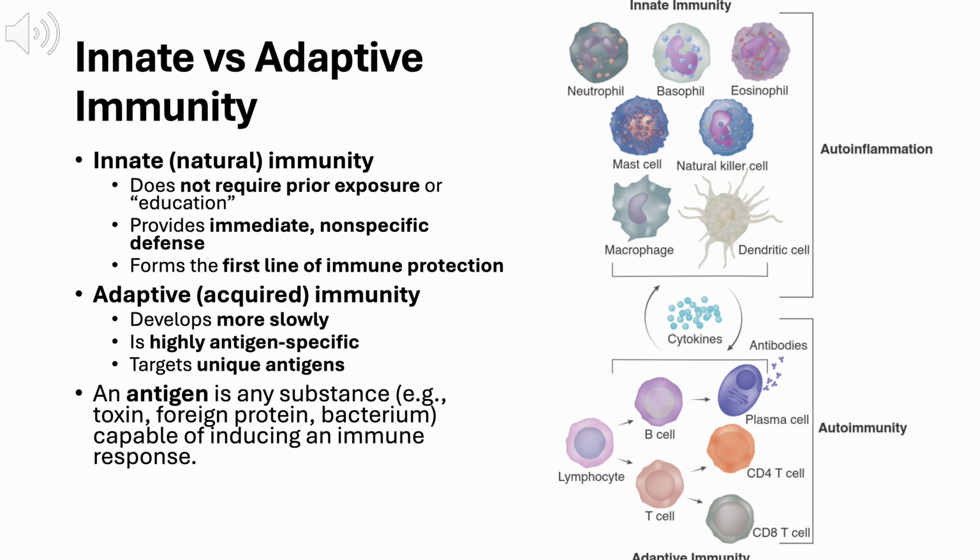An antigen is any substance capable of triggering an immune response, such as a toxin, foreign protein, or microorganism. The diagram also emphasizes that these systems communicate through cytokines and antigen presentation. Dysregulation of innate immunity tends to produce autoinflammatory disease, whereas inappropriate adaptive responses against self-antigens are more characteristic of autoimmunity.